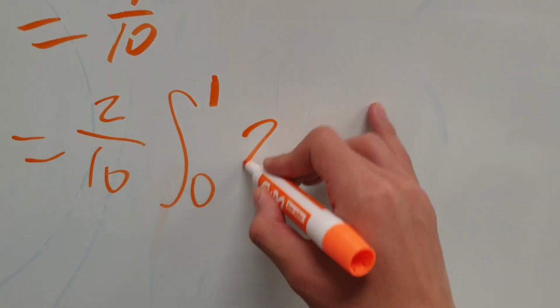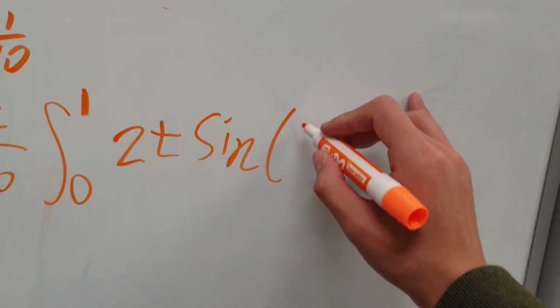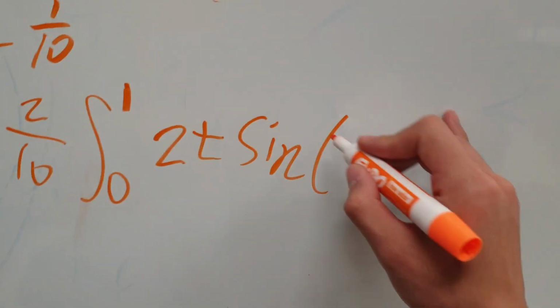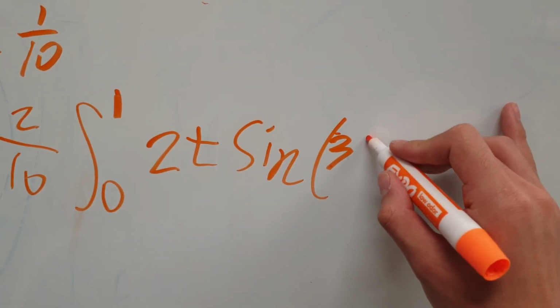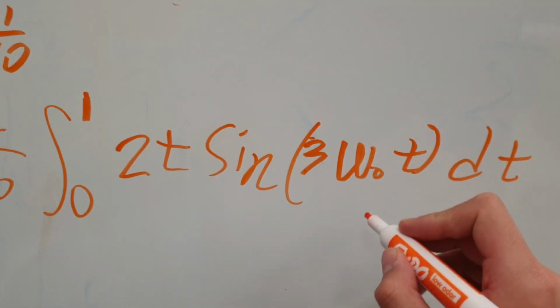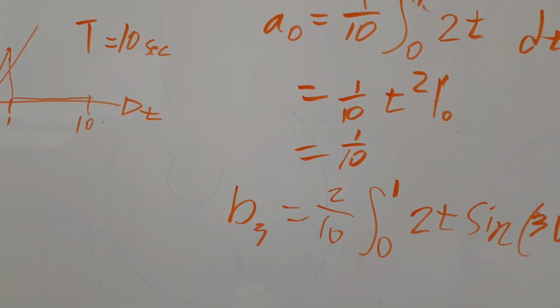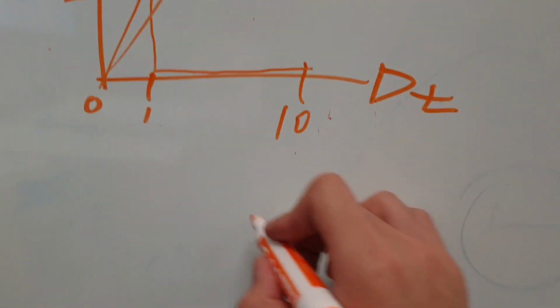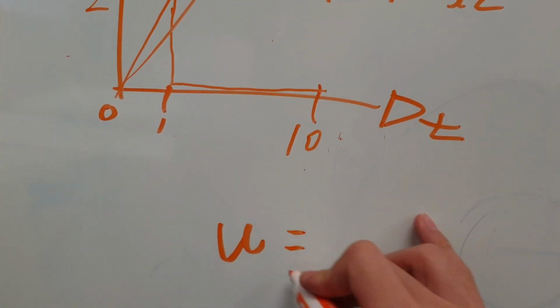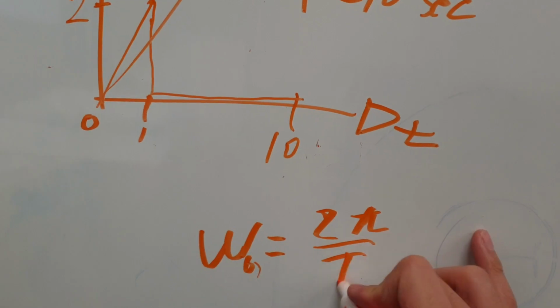And so f(t) times sine, where n is 3, so 3 times W naught t dt. And W naught, which is the fundamental frequency, is calculated by this equation, where the fundamental frequency is equal to 2 pi over T, the period.